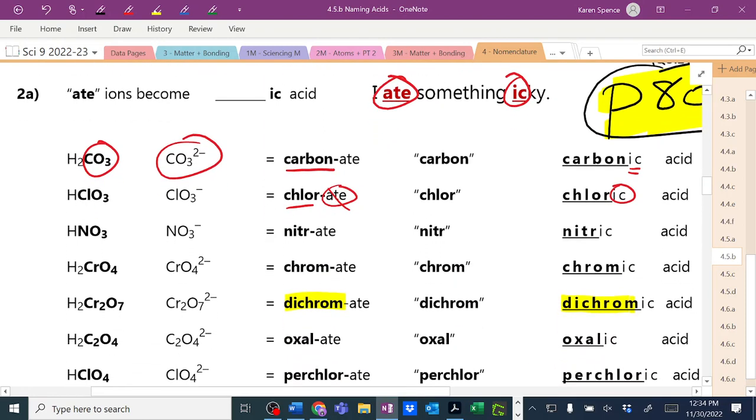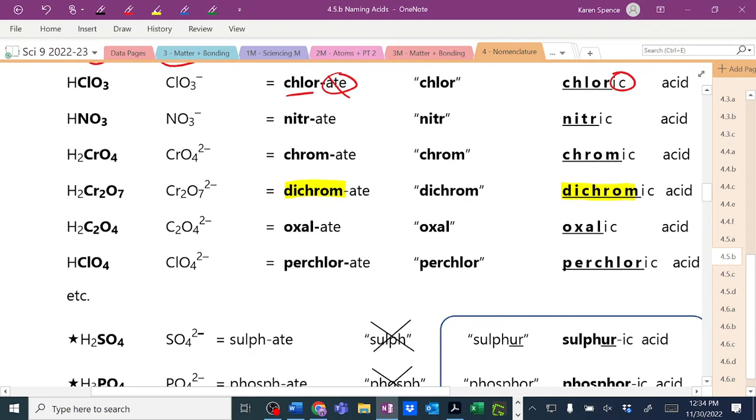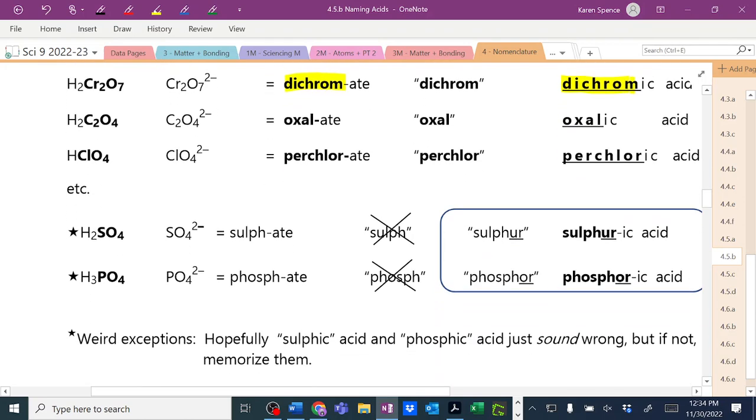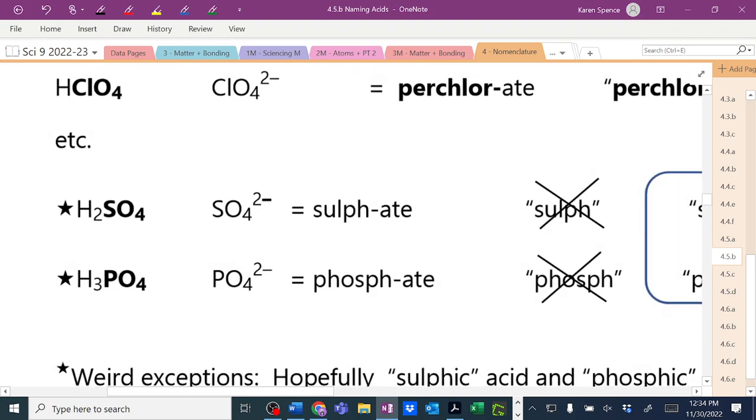And do you remember there were 2 elements that gave us something a little bit funny? What were those 2 things? Sulfur and phosphorus. So it's the same thing with sulfate and sulfite. Normally, we would say sulfic acid, right?